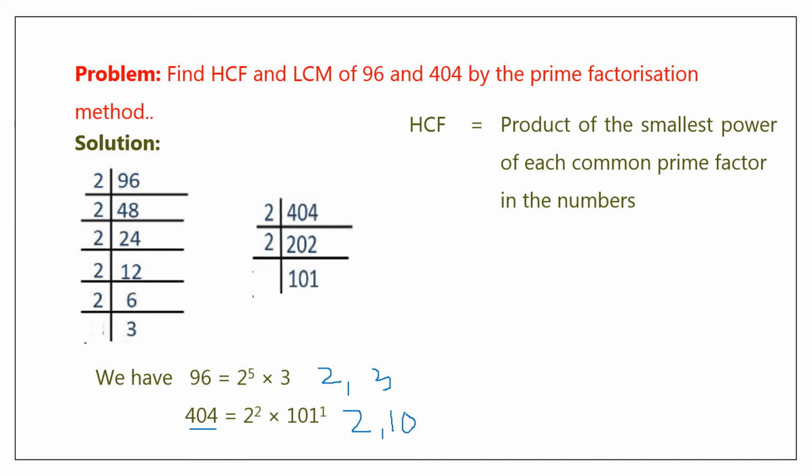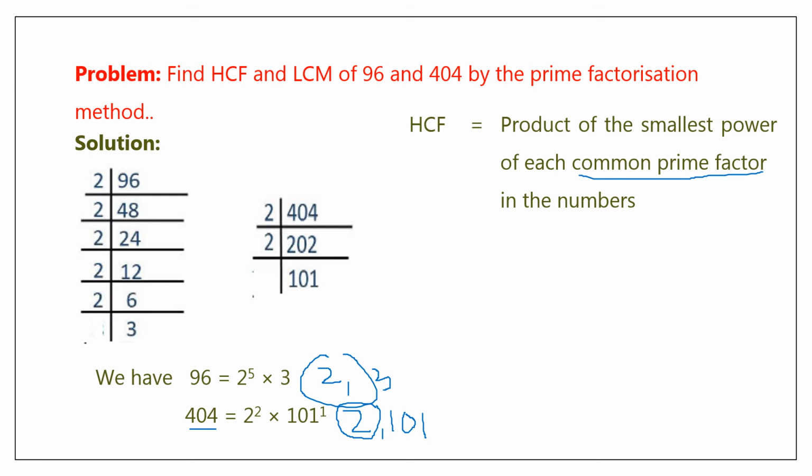Now to find HCF we will use the common prime factors, or common primes. Here 2 is the only common prime. We have to take the product of the common prime factor.